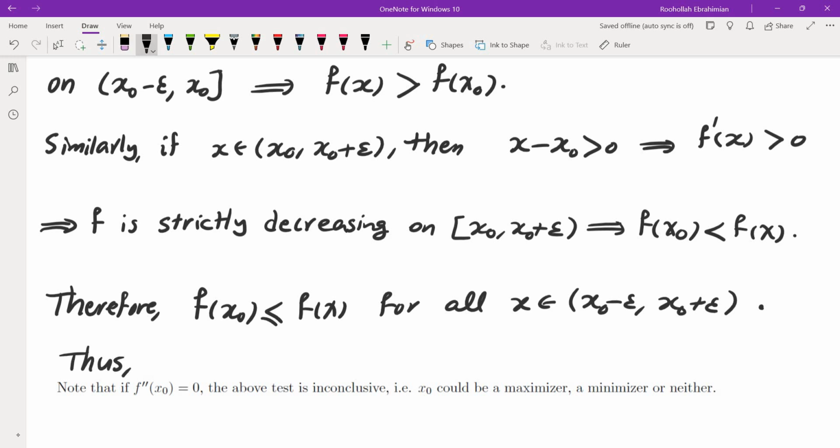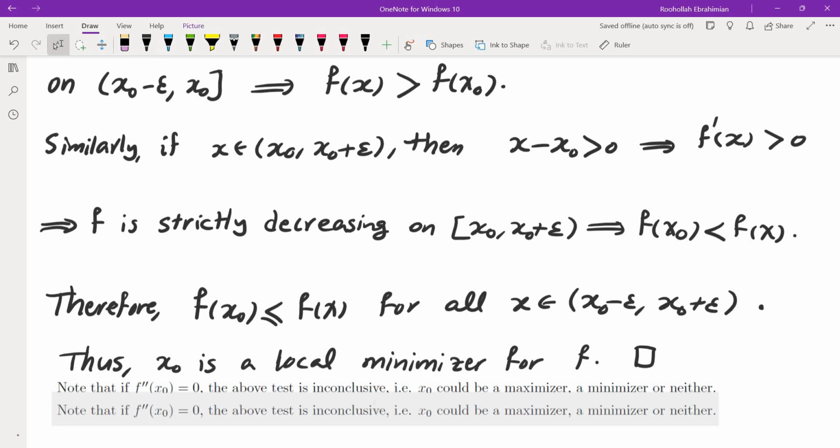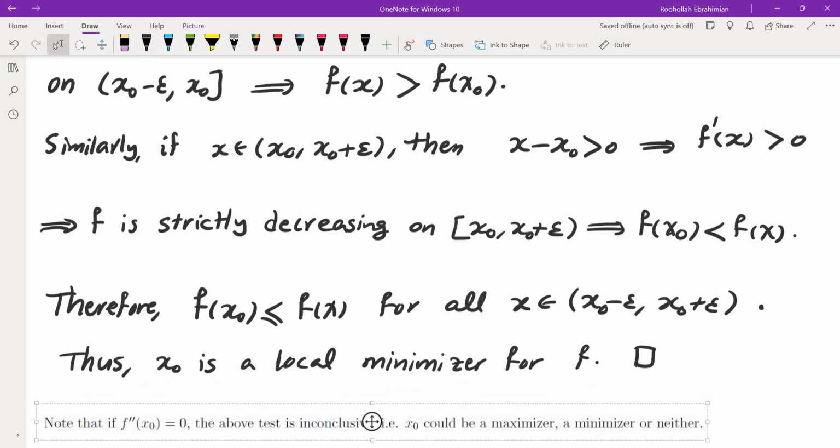Thus, x0 is a local minimizer for f. And part B is, as I said, a nearly identical proof. You just have to make sure you're using the correct inequalities.